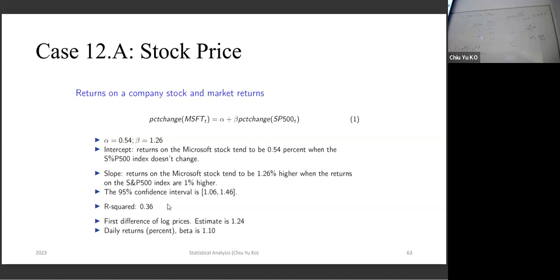But I'm not going to talk about finance, okay? This regression has some reason to be run if you invest in the stock market. And the main thing about this regression is you can't just run the price of Microsoft on the S&P 500 because they are non-stationary. We didn't mention this explicitly in the regression model.